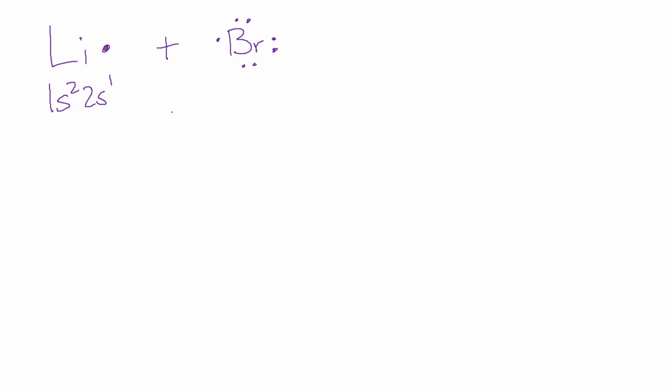Again, if we wrote the electron configuration here for bromine, I'm going to do the shorthand here, so I don't have to write a bunch. That's argon, then 4s2, 3d10, and 4p5.